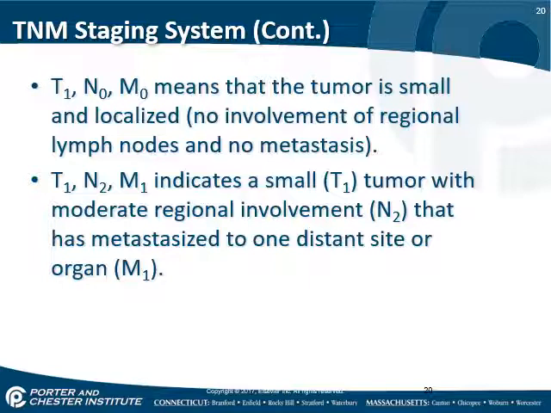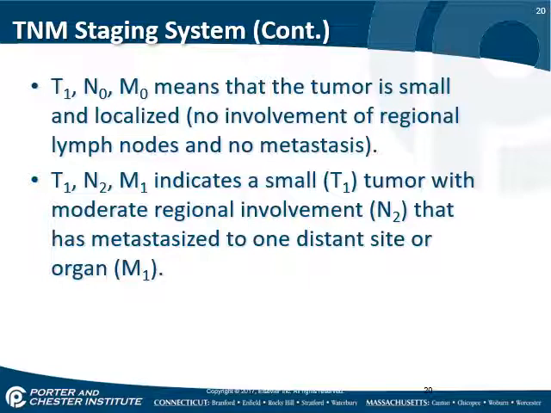So if you have a tumor, let's do this one again, T1 N0 M0. The T1 means it's a small tumor. The N0 means none of the nodes around it are affected. And the M0 means there's no metastasis. Now we can look at the next example in the PowerPoint, and it's T1, N2, M1.